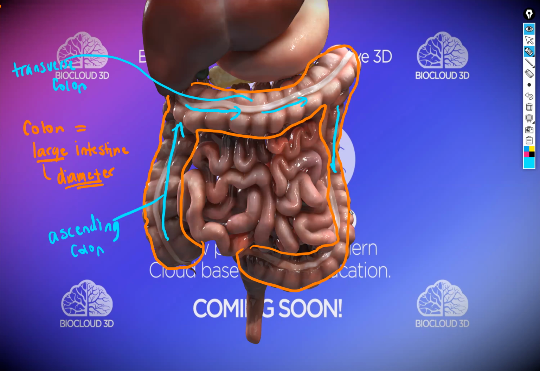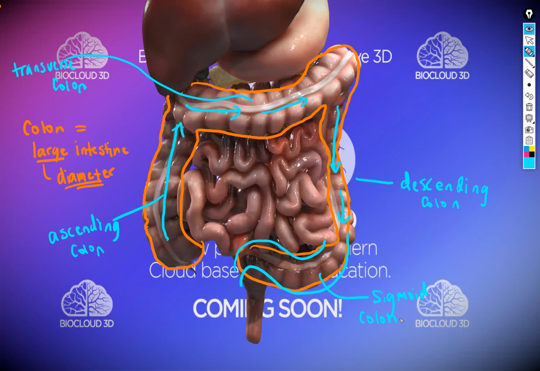And then we have poop going downwards here. So we have the descending colon. And then this S-shaped region at the very bottom is called the sigmoid or sigmoidal colon. Sigmoid meaning S-shaped curve.